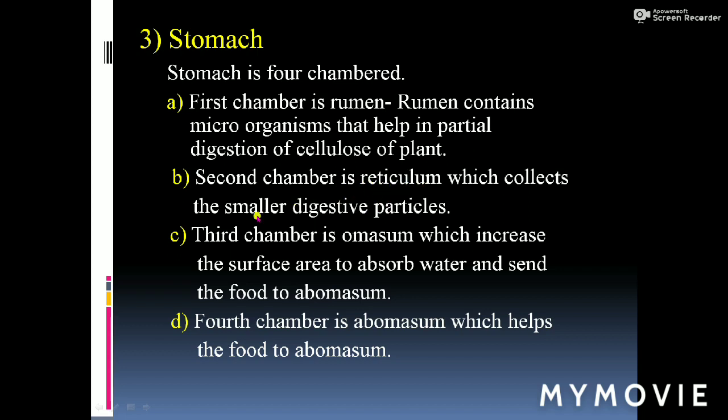Okay. Now third chamber is omasum, which increases the surface area to absorb water and sends the food to abomasum. It means a small amount of water content is present here and the surface area is increased, and now food passes to the abomasum.